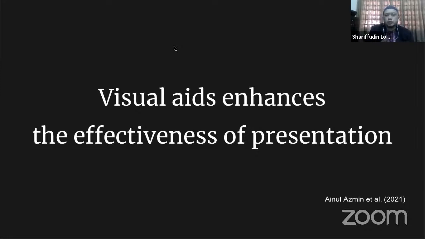If you prepare well for your speech, from A to Z, from the intro, the body to the conclusion, for each section you can plan what kind of visual aid you are going to put in.